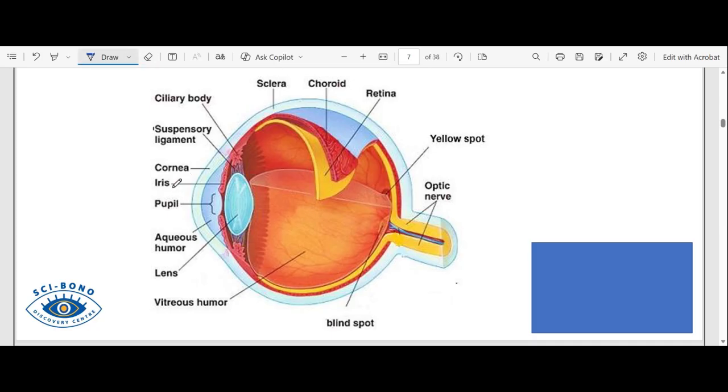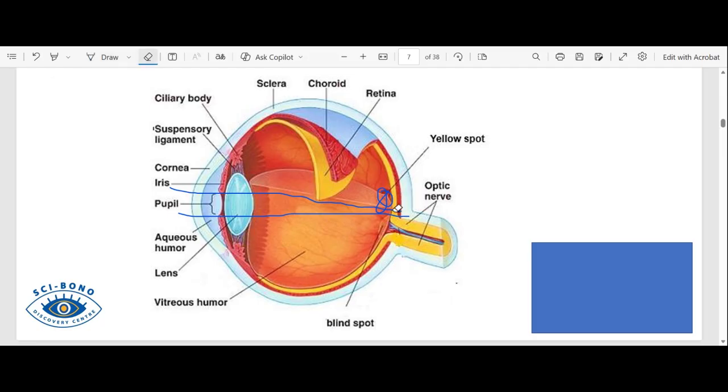So it will refract light inwards, right? Try focusing it on our yellow spot. So this is our yellow spot. My drawing is not that perfect, but it focuses the light here on our yellow spot, right? Okay, try to clear this.